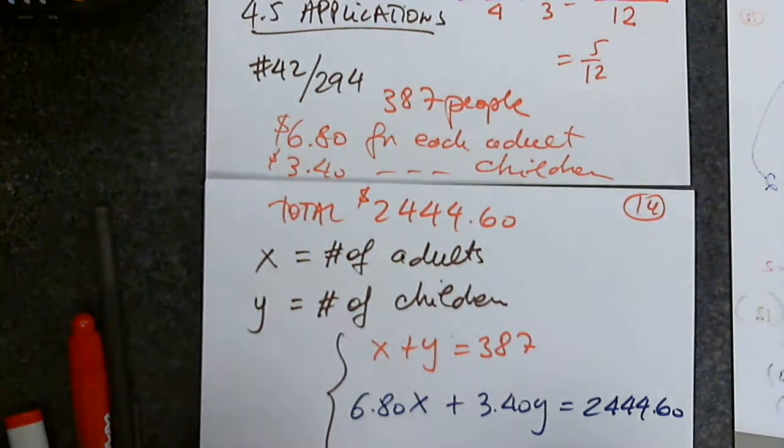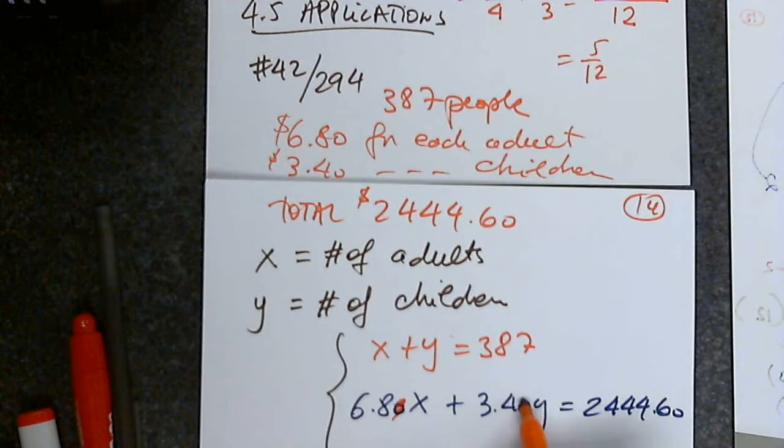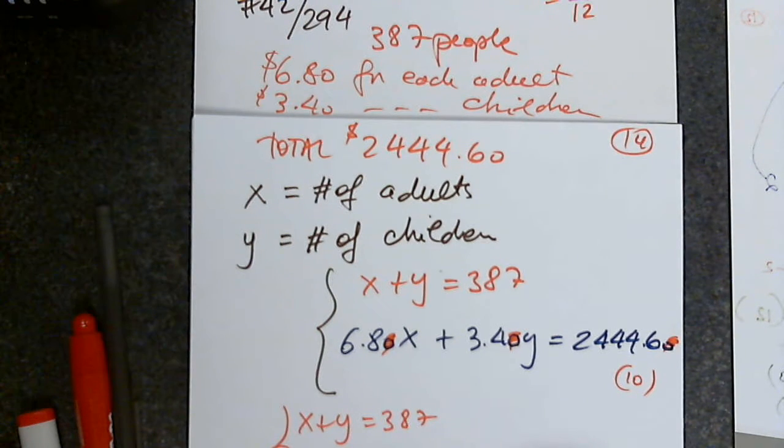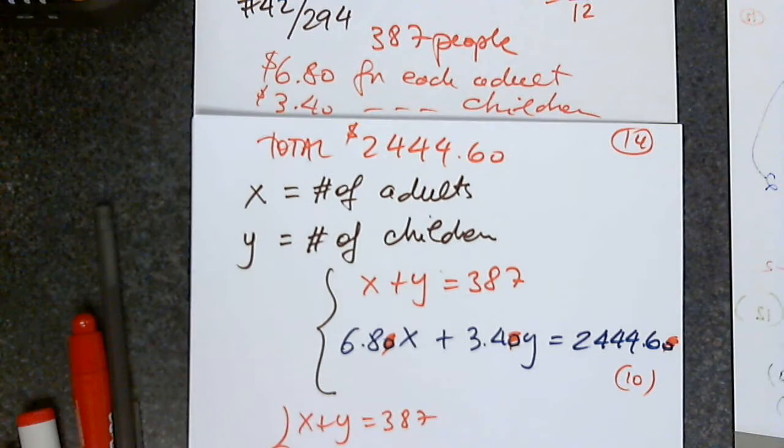Exactly, just 10. So now the first equation is x plus y equals 387. The second equation is 68x plus 34y equals 24446. Careful, we have to multiply everything.